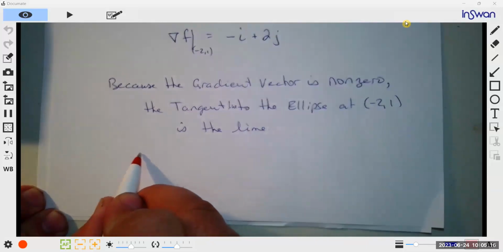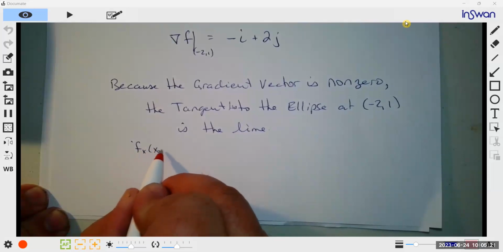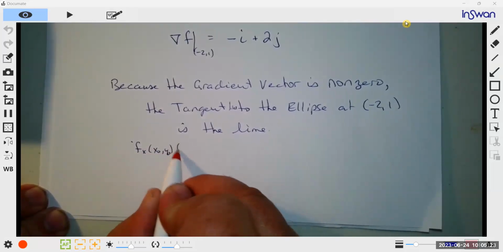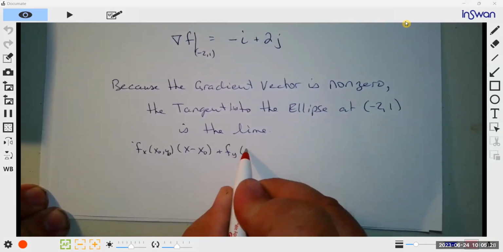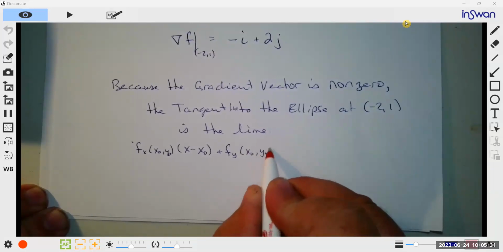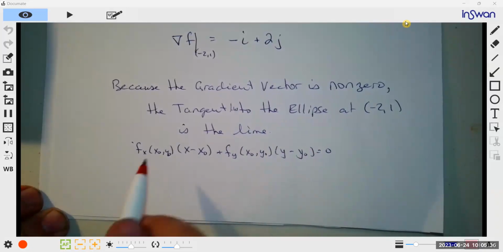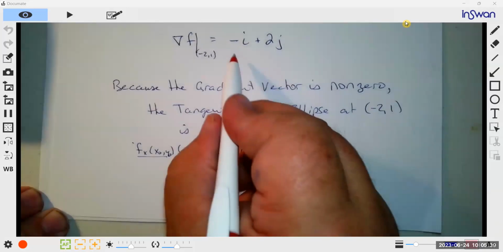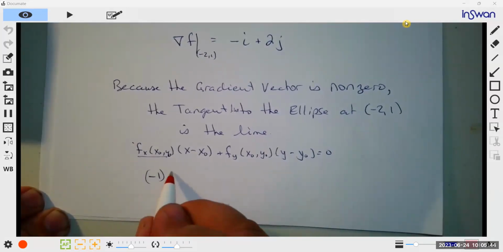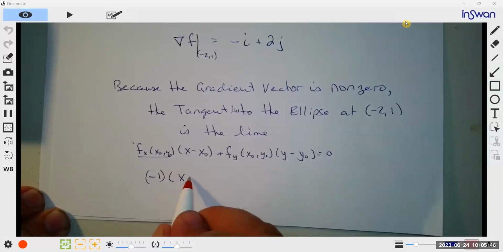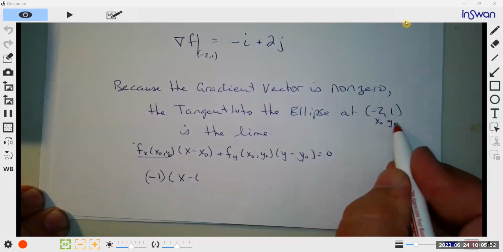So we have, remember we said f sub x at x sub 0, y sub 0 times (x minus x sub 0) plus f sub y at y sub 0. So this is our -1. x sub 0 is -2.